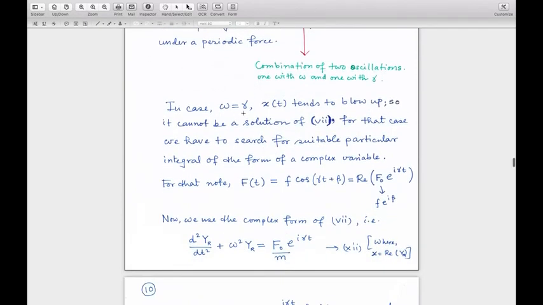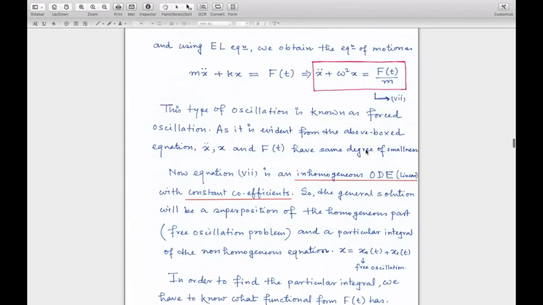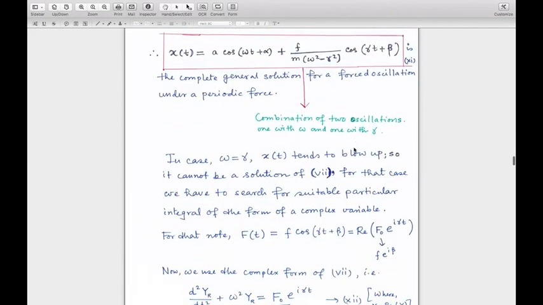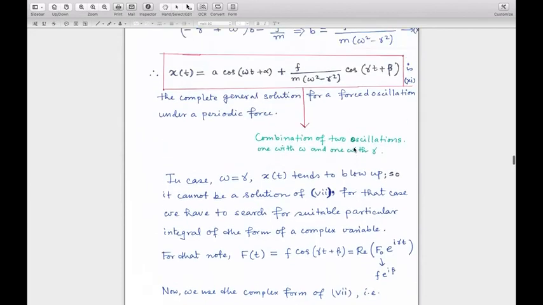In case ω is equal to γ, you can easily see this one blows up. So it cannot be a reasonable solution of 7, because in that case x double dot will blow up, ω²x will be blowing up, but F/m will remain finite. So this cannot be a solution of this equation, right?